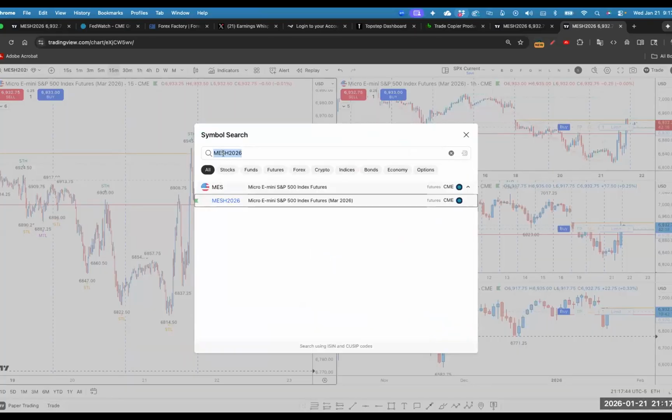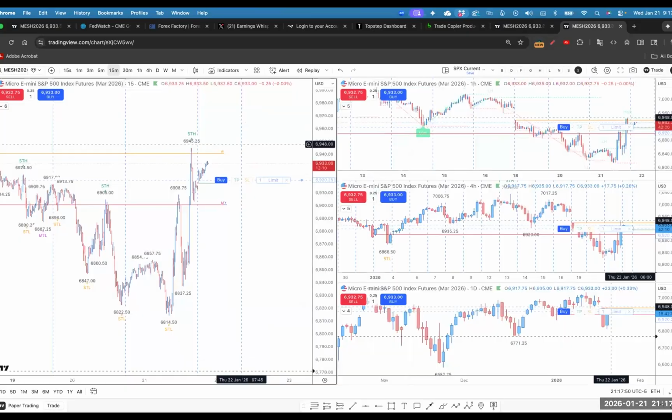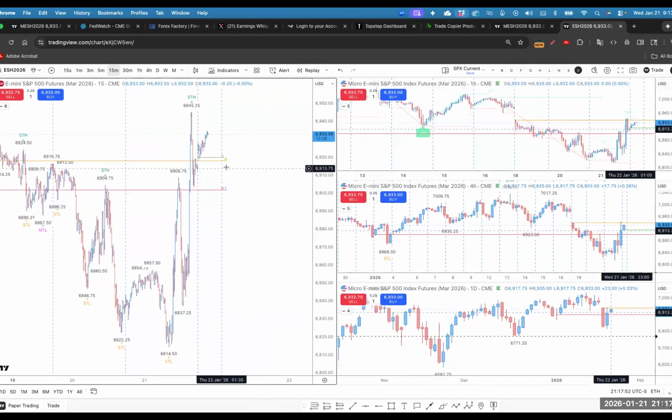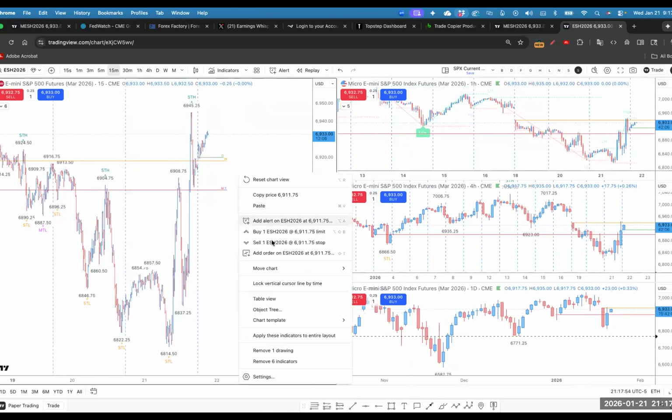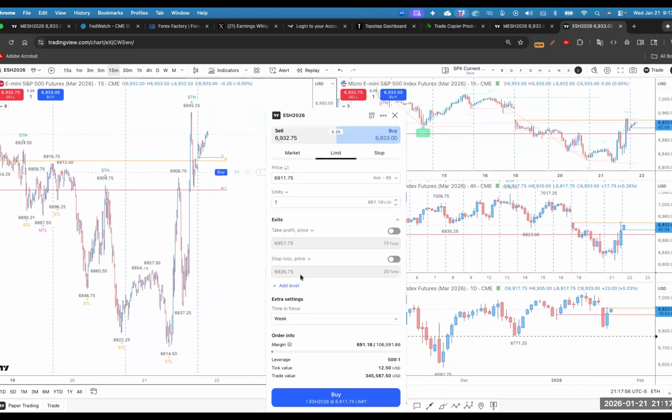If we go to the mini, which means we just remove the M in front, and we go look at the same thing, that $1.25 is multiplied by 10. So you are now going to gain or lose $12.50 every tick.